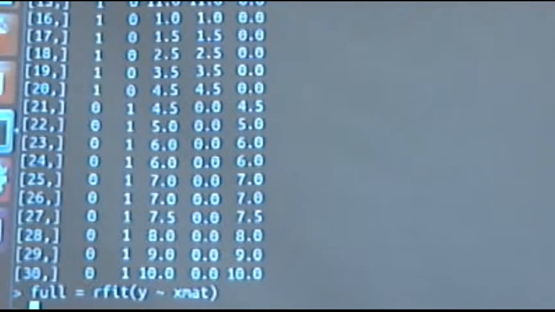And then here's the reduced. And see how easy it is to subset. I just want all the rows, but I only want the first three columns, right? Or I could have built it too.